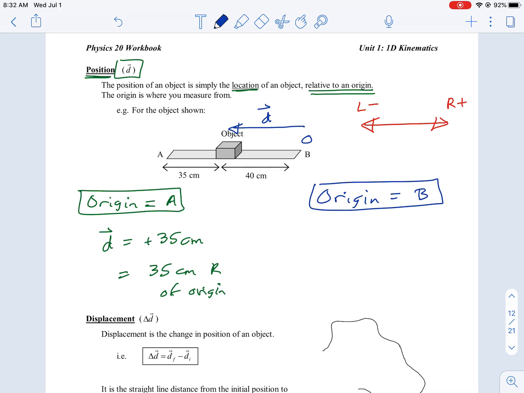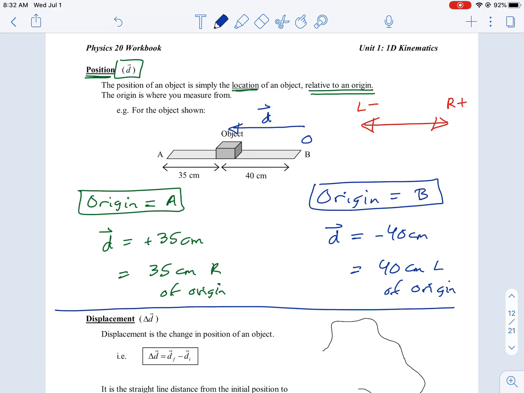And therefore we can see that according to an origin of B, the position will now be 40 centimeters, but notice it's to the left, which will be negative 40 centimeters, which is 40 centimeters left of this origin. Guys, these are describing the exact same object, but it depends on where you put your origin to figure out its position. Good? So that's position.